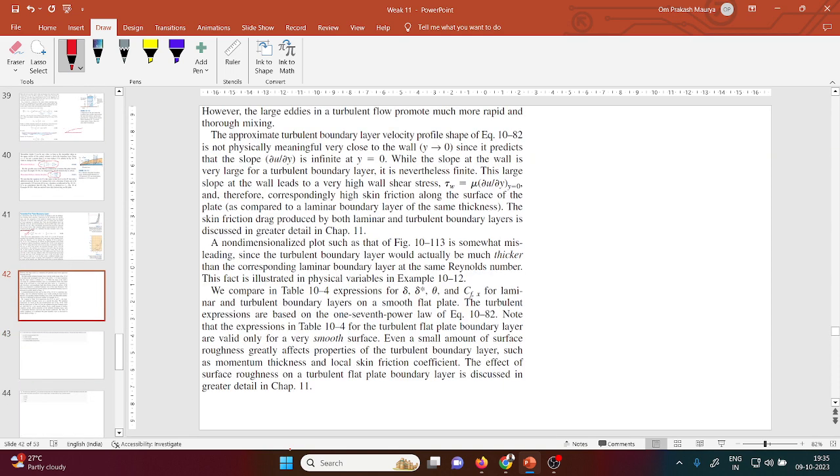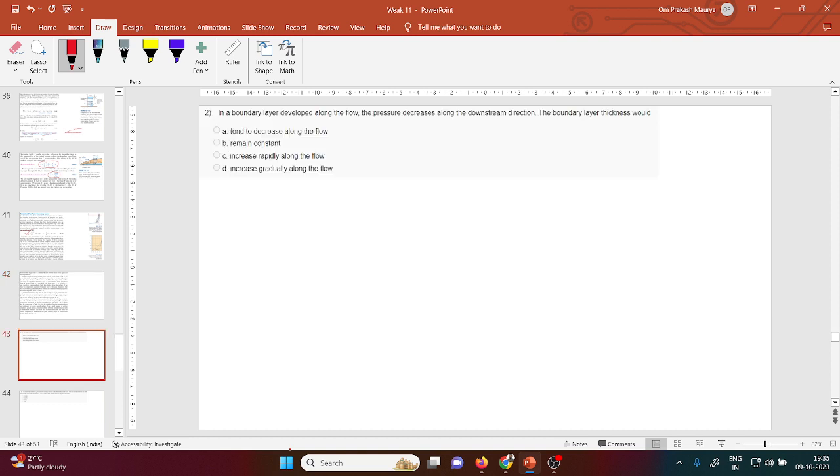Now the second question. In the boundary layer developed along the flow, the pressure decreases along the downstream direction.